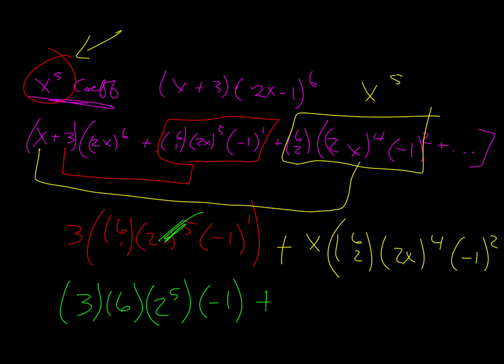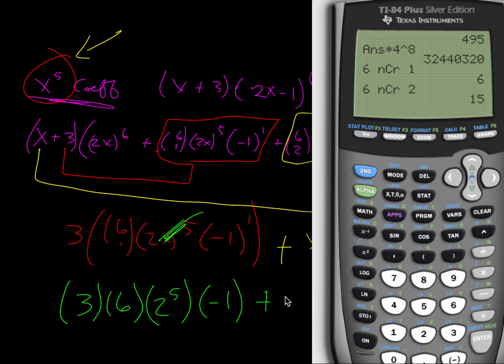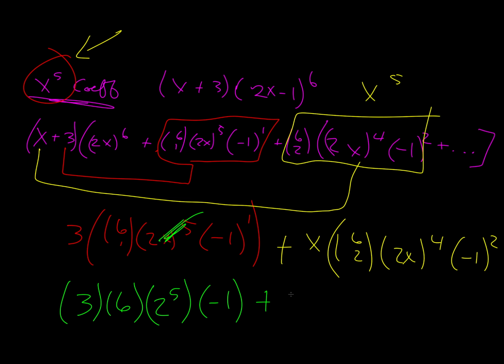Okay. Now this one, it's going to be x to the 5th, right? So that's not affected. Now if we do 6 and 2, so I'm going to say second entry, but I'm going to change that to a 2. We get 15. So we get 15 for this piece, and then 2 to the 4th, and then -1 squared.